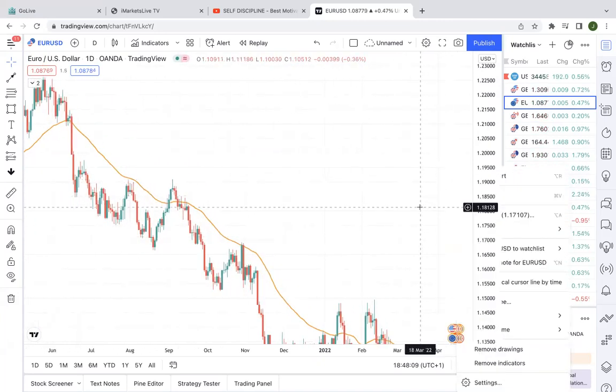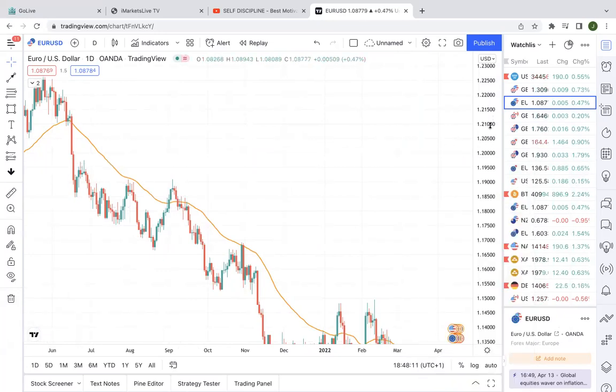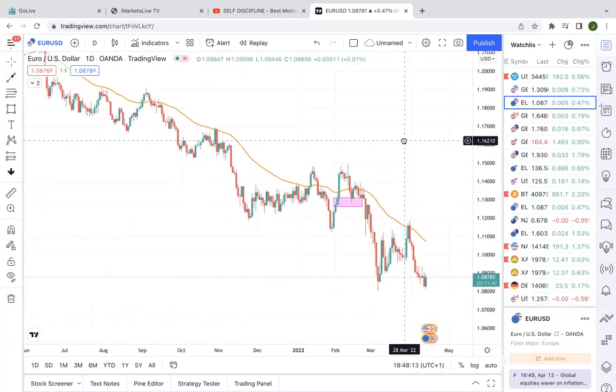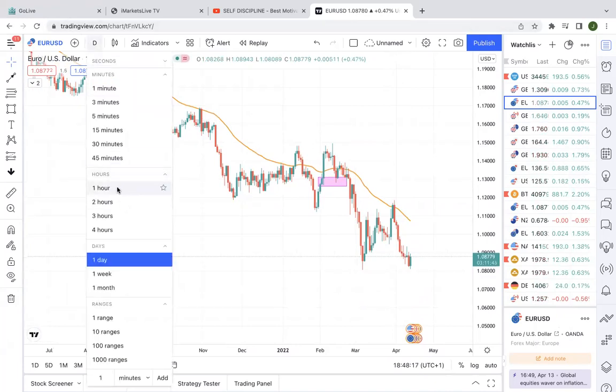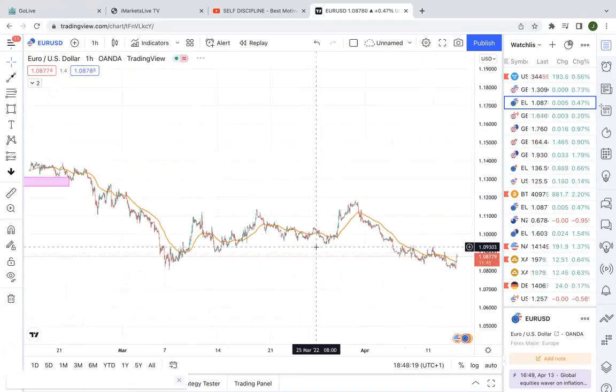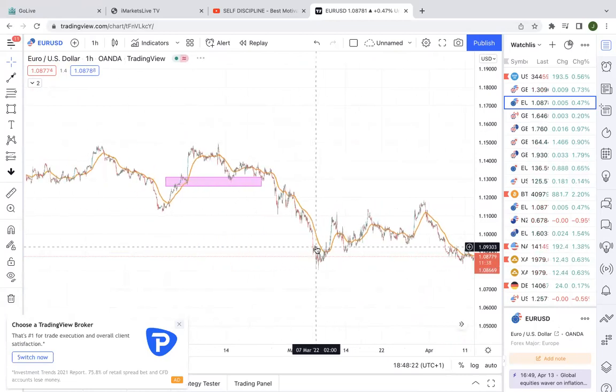My computer is not cooperating today at all. You find your zones on your bigger time frame, and then you go down to your smaller time frames, like the hour, right?